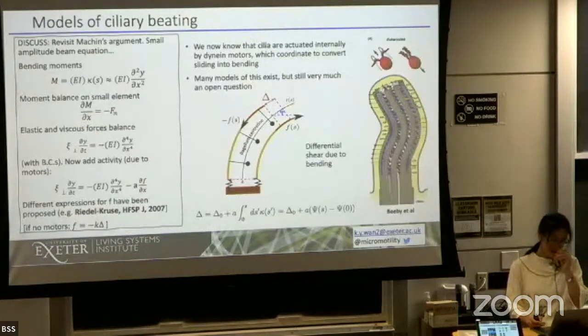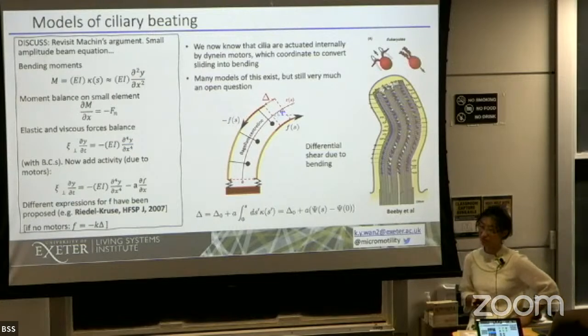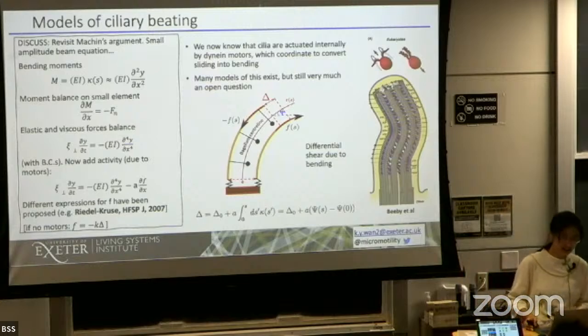So just to go into this in a bit more detail. I think we, maybe in the previous lectures, have encountered something like the definition of a bending energy for elastic structures.